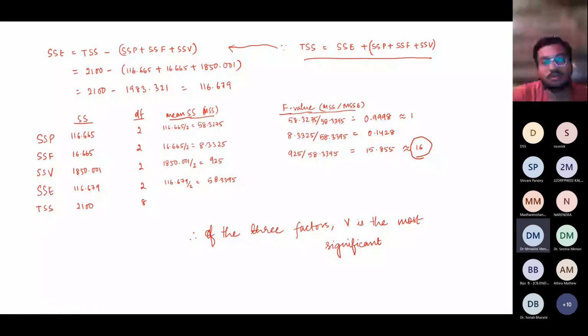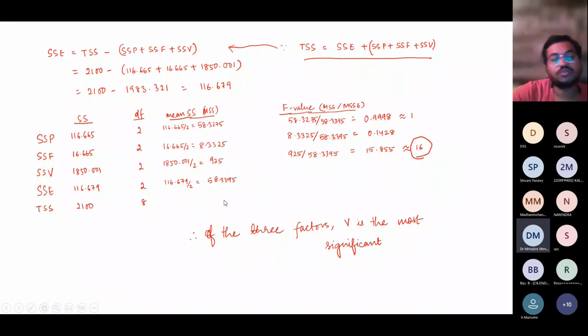I think TSS divided by the total number of degrees of freedom would have been termed as the total mean sum of squares, isn't it? Yeah. In case that had been asked as a question, that calculation would also have featured, I guess.